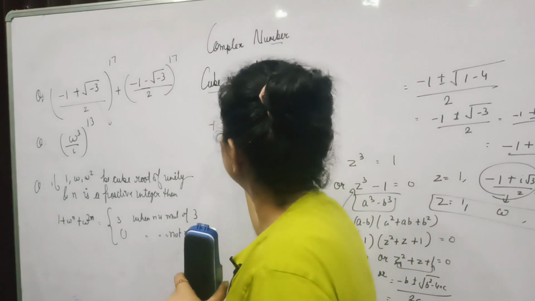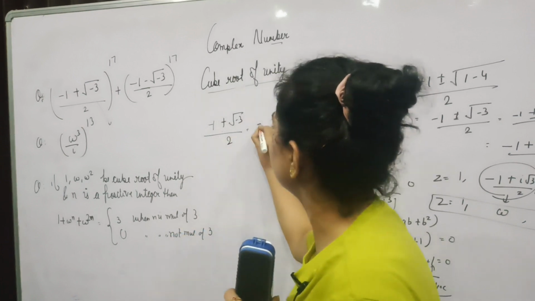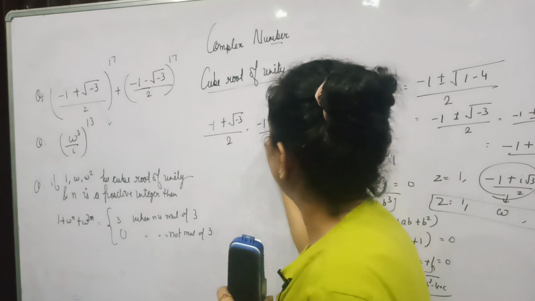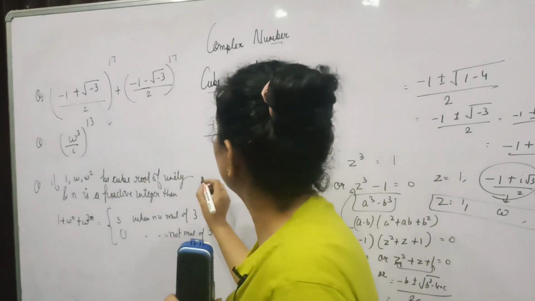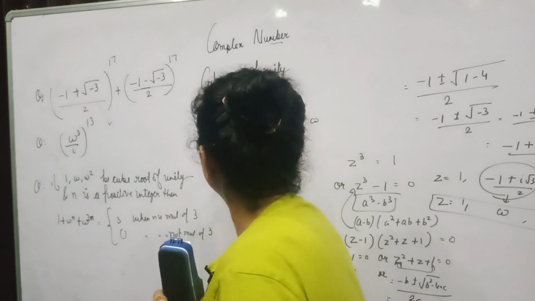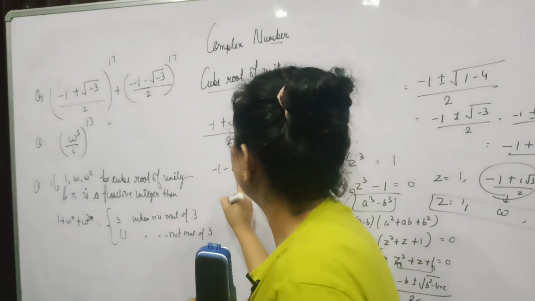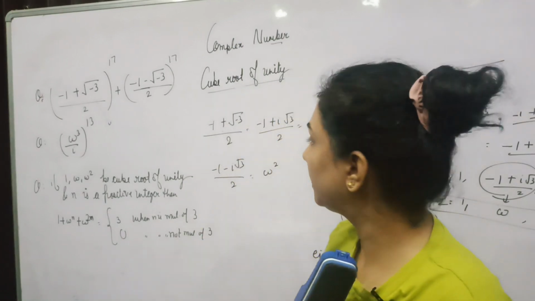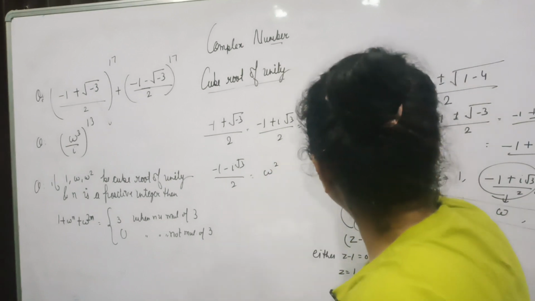Minus 1 plus under root of minus 3 by 2 can be written as minus 1 plus i under root 3 by 2, which, you all know, is omega. And this one, minus 1 minus i under root 3 by 2, is omega square. Okay, now I put this value directly in the question.